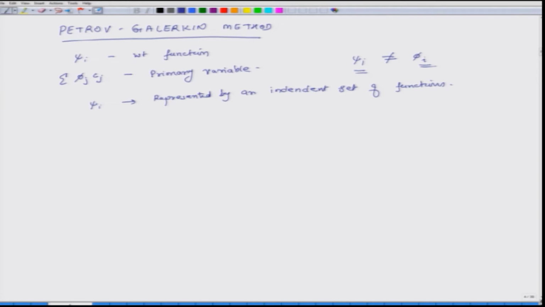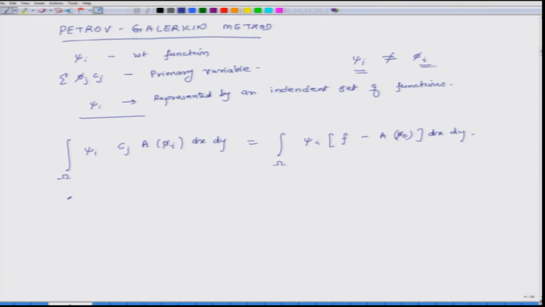Okay. Now suppose our residue was expressed as, I am integrating over the domain psi I times Cj A of phi I dx dy, and this equals some forcing function. So I am integrating psi I times some function of x minus A times phi naught dx dy.